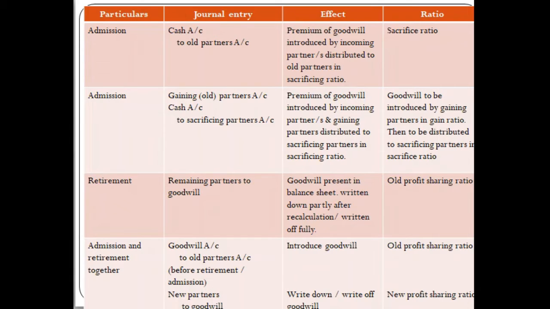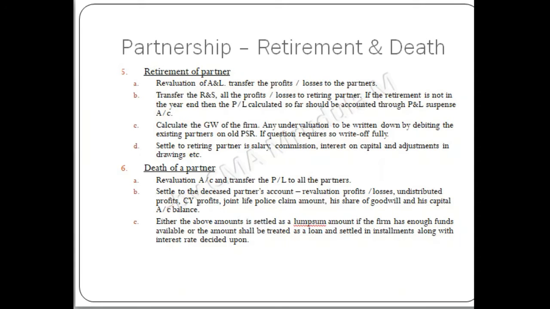The next aspect would be ledger account preparations. In case of retirement of a partner, prepare a revaluation account. All the assets and liabilities have to be brought in and the profit and losses transferred to the partners. Transfer reserves and surplus and the debit balance in profit and loss account in the balance sheet to the retiring partner alone.